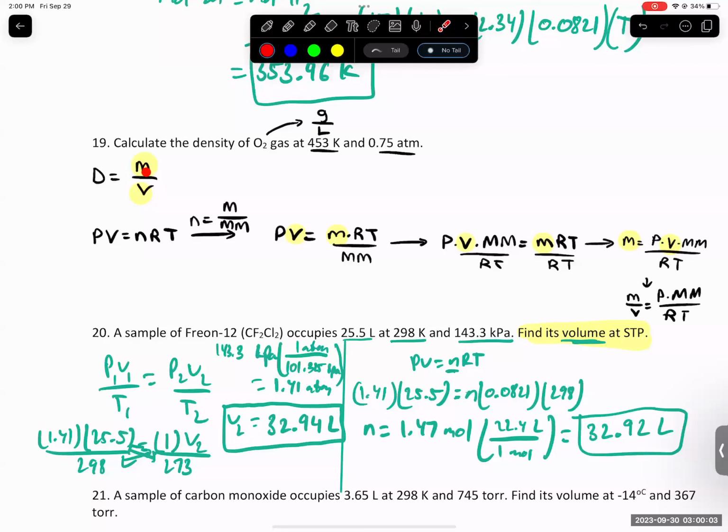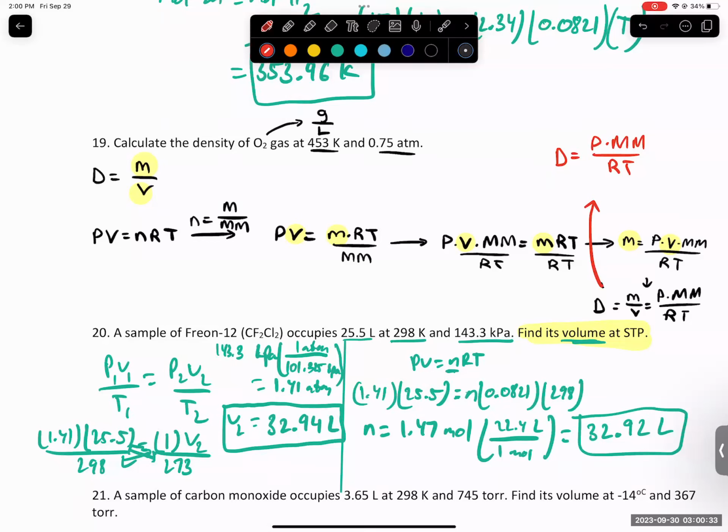We've known that since middle school. So you can say that density is equal to M over V, which is equal to pressure times the molar mass over RT. Based on this principle, we can say density of the gas equals P times molar mass over RT. We have all the information to calculate that.